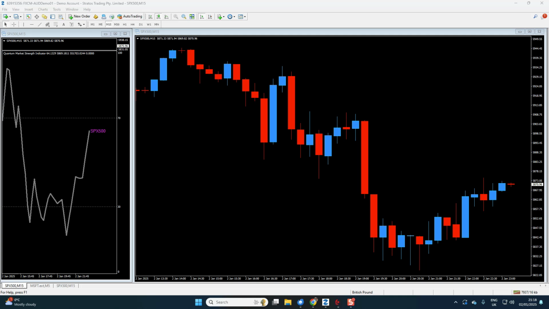They're not cast in stone. They are there to give a rough guide as to when that instrument that you're trading or interested in trading is moving potentially to an overbought situation or potentially to an oversold situation.